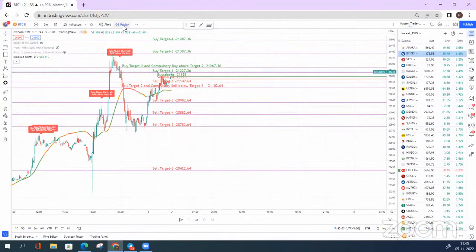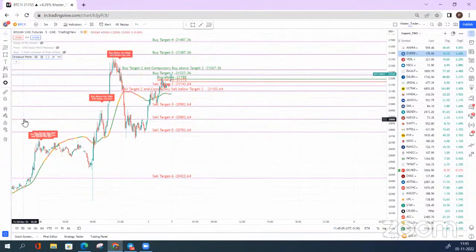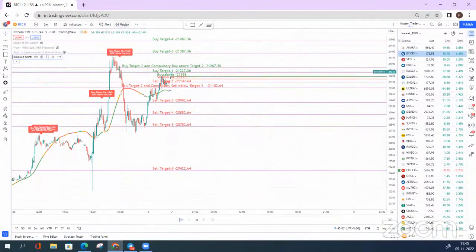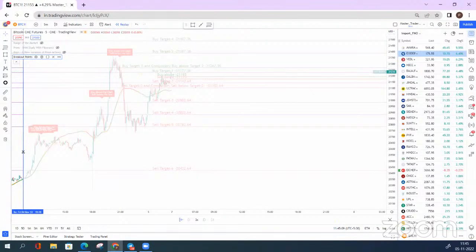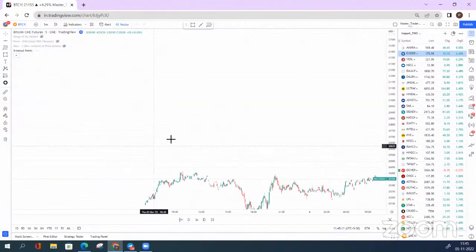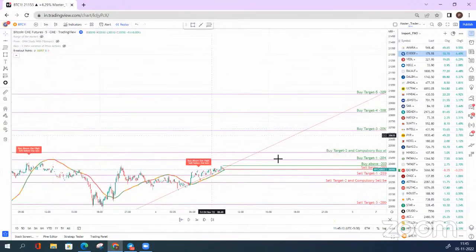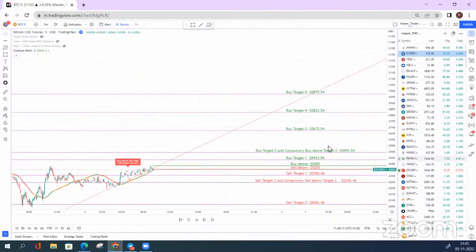Let me go back somewhere here. See here, it tells me buy above this level. See the points: 2385 is the buying level, 2355 is the selling level.